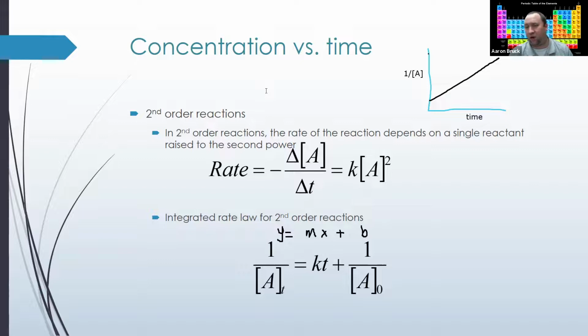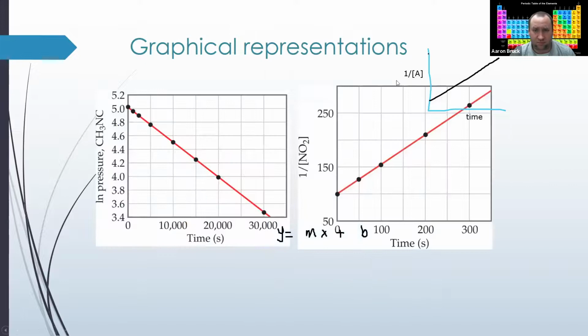So the real trick for us is finding the line that is the most linear. If we're doing the experiment in the lab, we're going to really be scrutinizing those R squared values to see which gives us the most linear plot. And that's essentially what these graphs are showing here. This is a classic first order plot for CH3NC and its decomposition over time.